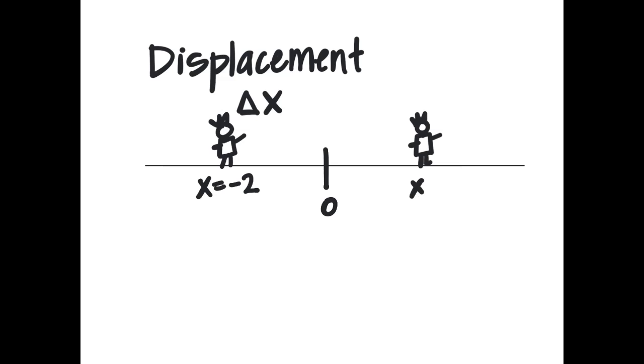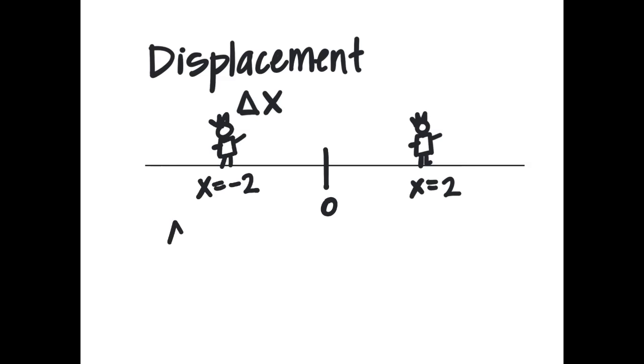And on our number line, we had a position 0, reference position here, and Einstein was over here at negative 2 meters. And then Einstein moved and was later over here at a position of positive 2 meters.